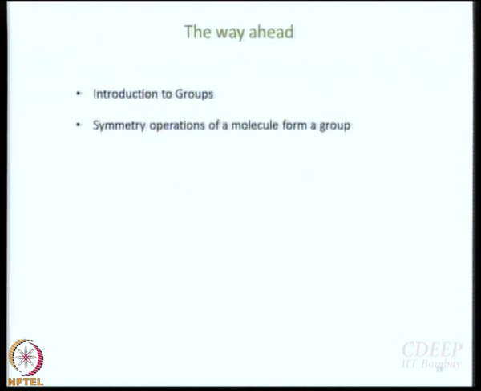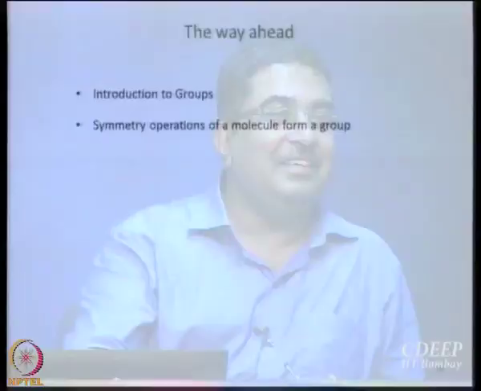Second, let us convince ourselves that symmetry operations of a molecule or of a symmetry species actually form a group, okay. That is why group theory works, because symmetry operations in a symmetry point group actually form what is called mathematically a group, okay. This is not a senior group, junior group, high CPI group, low CPI group, not like that. This is group as defined mathematically.